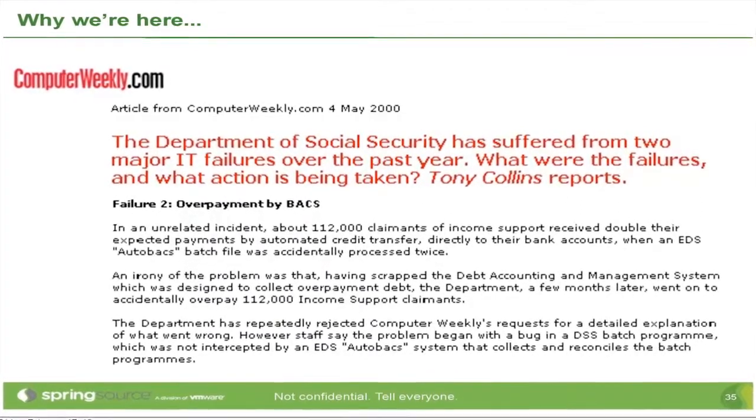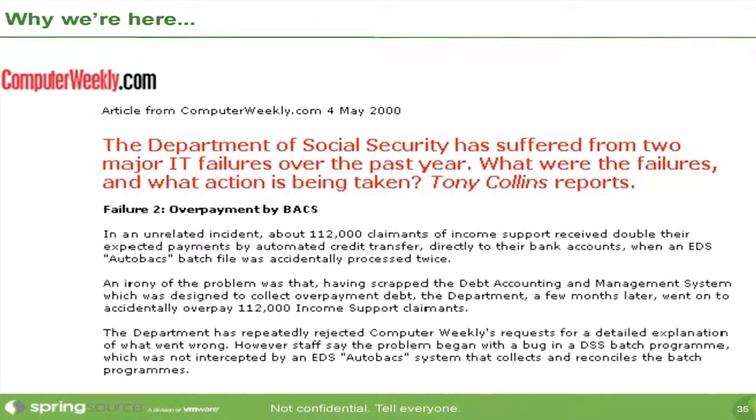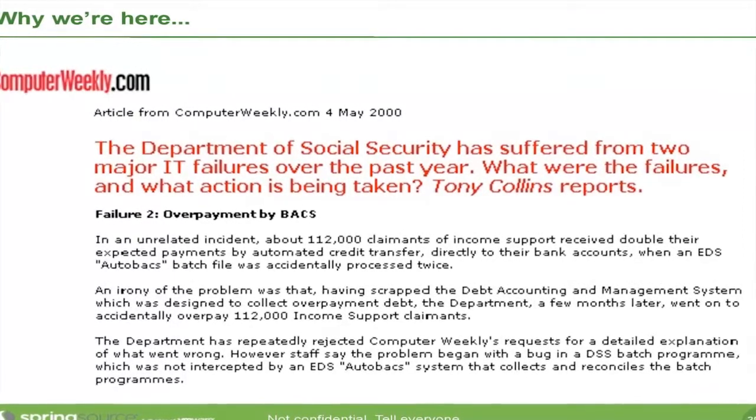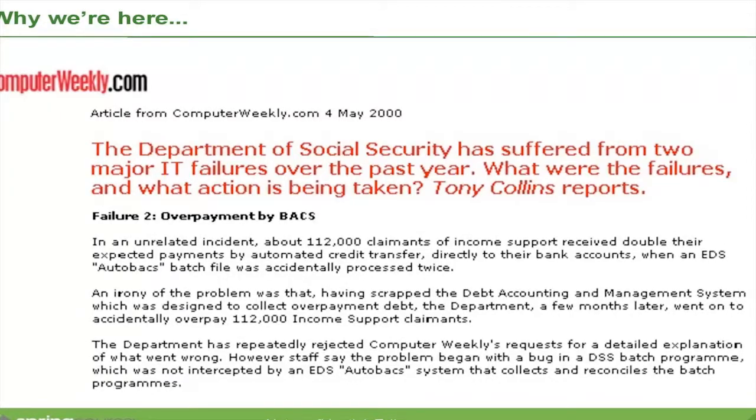And I know you're thinking, is that a problem? There's no problem there. But it is a problem for somebody, right? They were overpaid by a lot, in this case 112,000 people. That's not so bad. That's a little bit more than we have here. That's all because somebody wrote some really bad batch processing code. We don't want that, right?